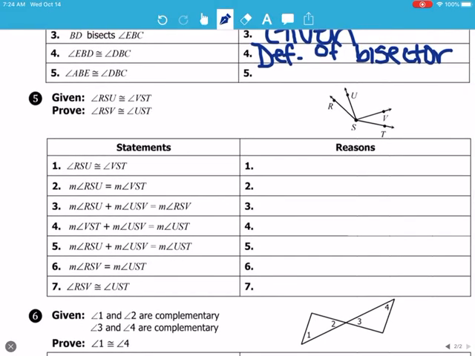In proof 5, I'll do number 3, which is angle addition postulate. I'm going to abbreviate. Let's do number 5, which is substitution.